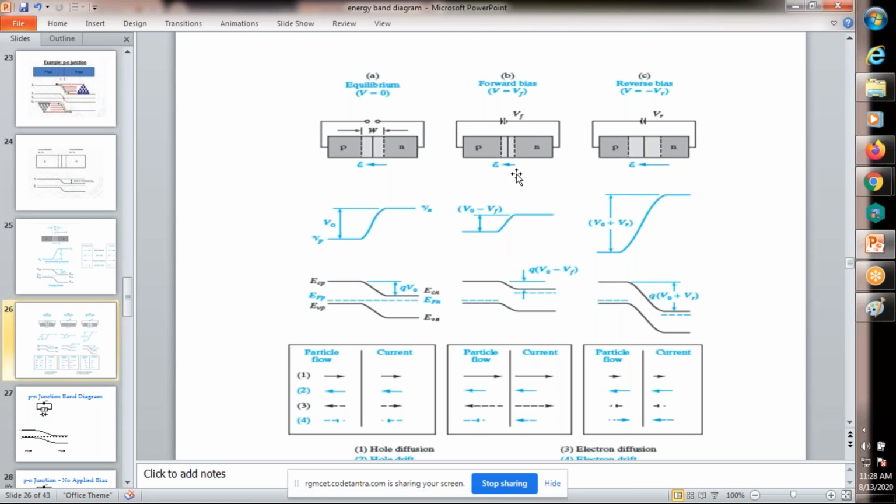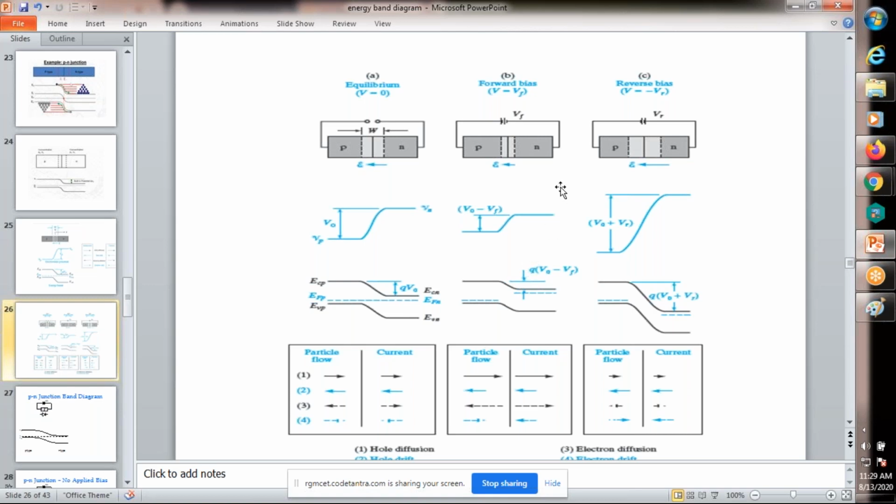Now when this one is forward biased, the depletion region decreases, the electric field decreases, and the voltage also decreases. Remember this. And whenever this one is reverse biased, the width of the depletion region increases. As the width of the depletion region increases, the electric field increases, and the built-in voltage level also increases. These are the corresponding current flows.